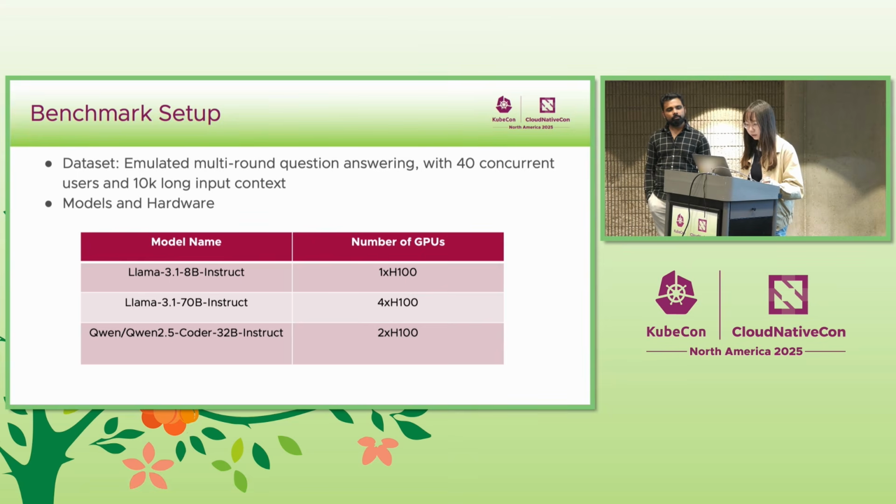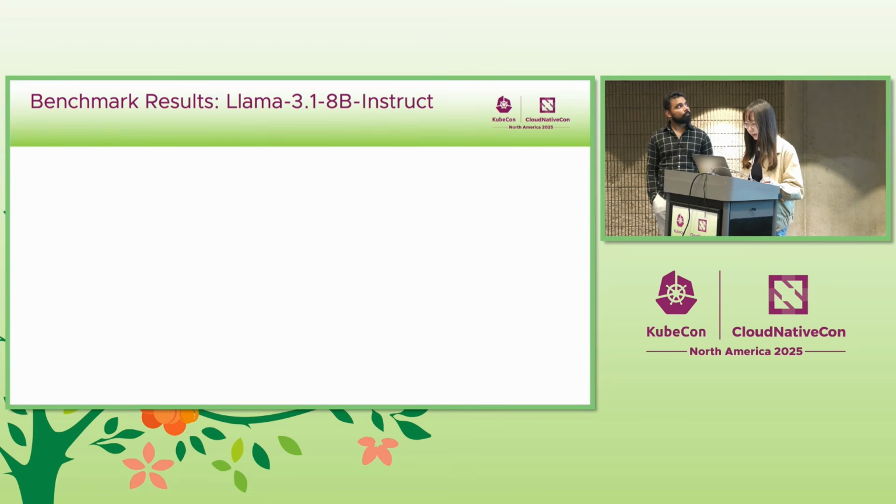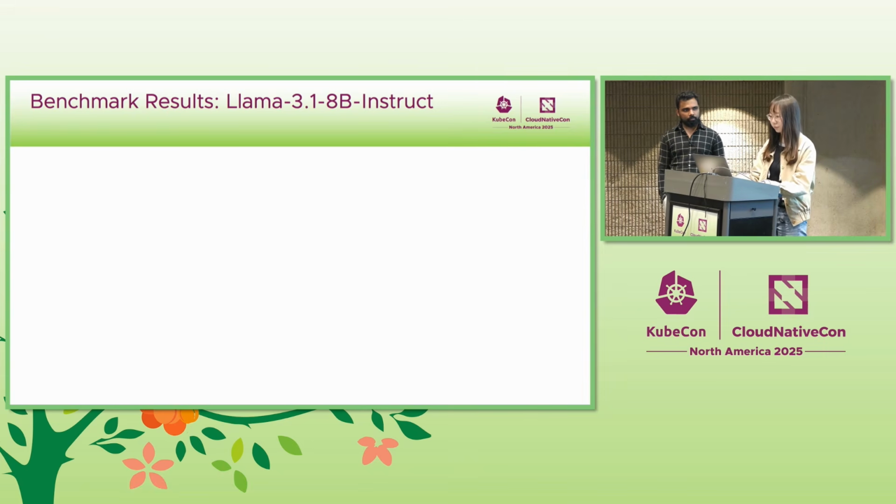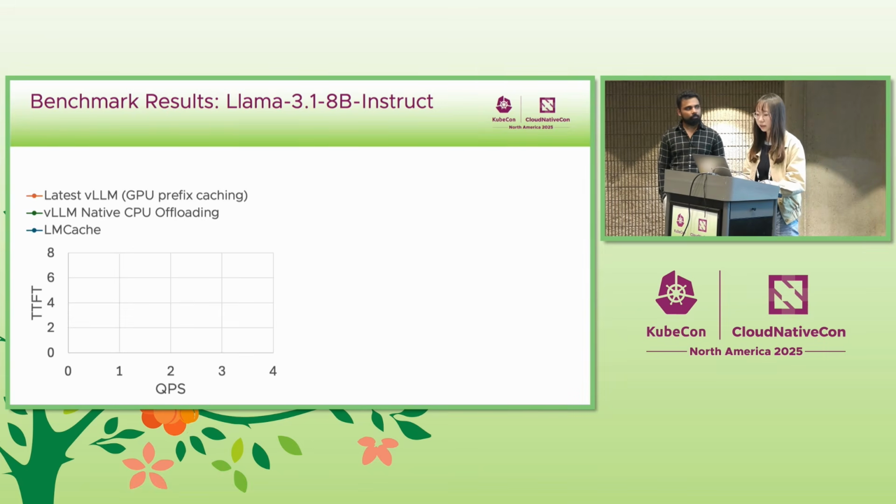Let's look at the results on Llama 3.1 8B Instruct. In this figure, the x-axis is the QPS, which is basically the arrival rate of the requests, and the y-axis is the time to first token, which includes the time to prefill the new query and the time to load KV cache from CPU memory back to GPU memory.